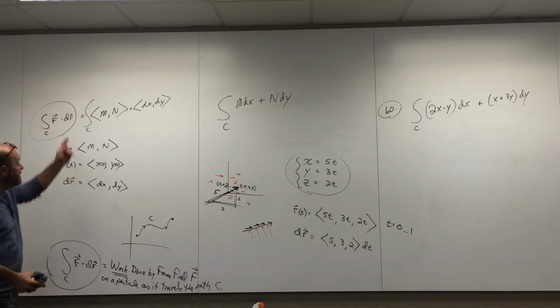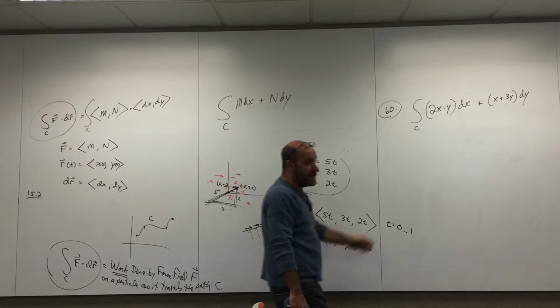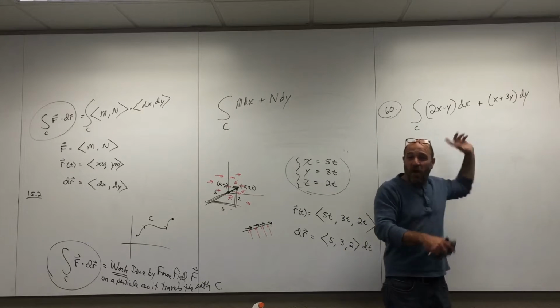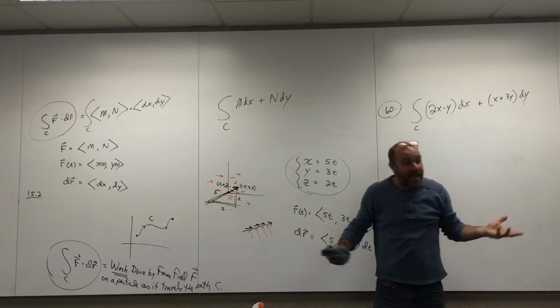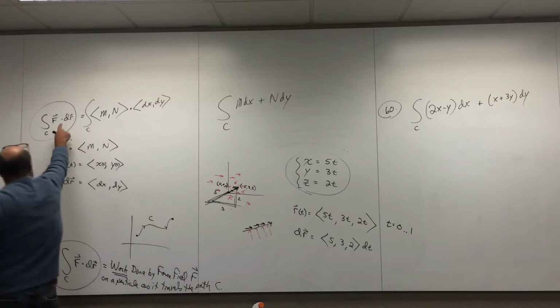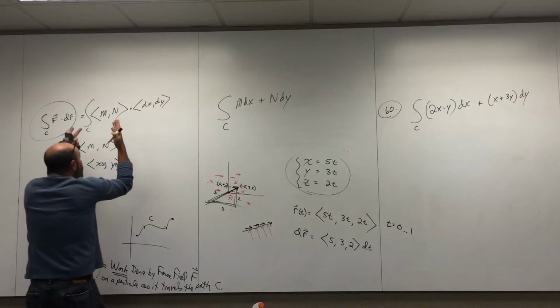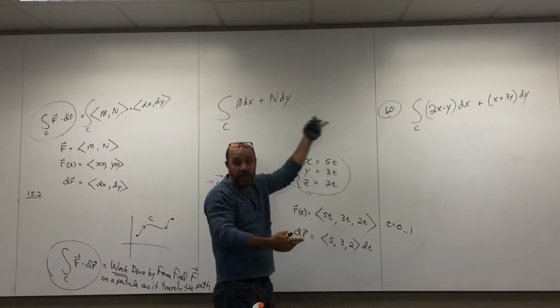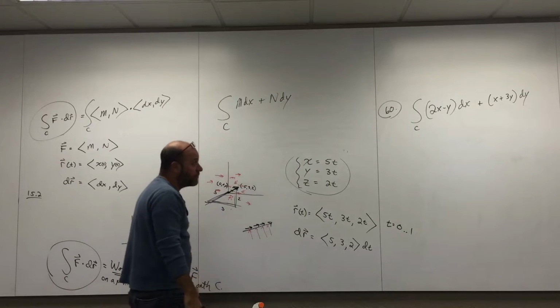The vector field is the M, N. The vector field is the 2x minus y, comma, x plus 3y. But it's already been dot producted. That's the deal, right? This is a dot product of two things. Go ahead and do that dot product and you get this format. It's already been dot producted for me.